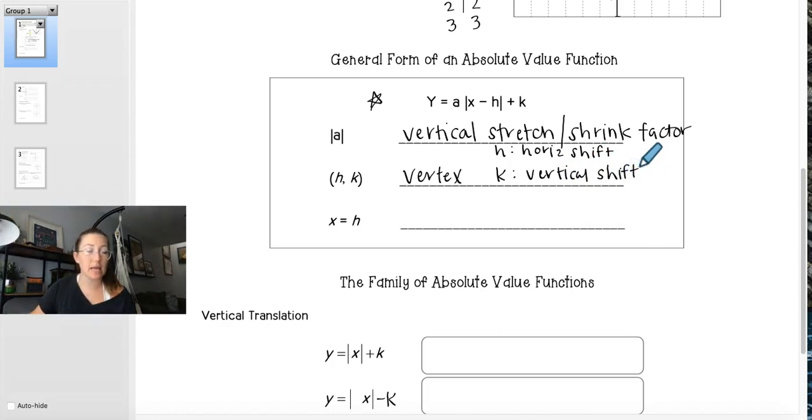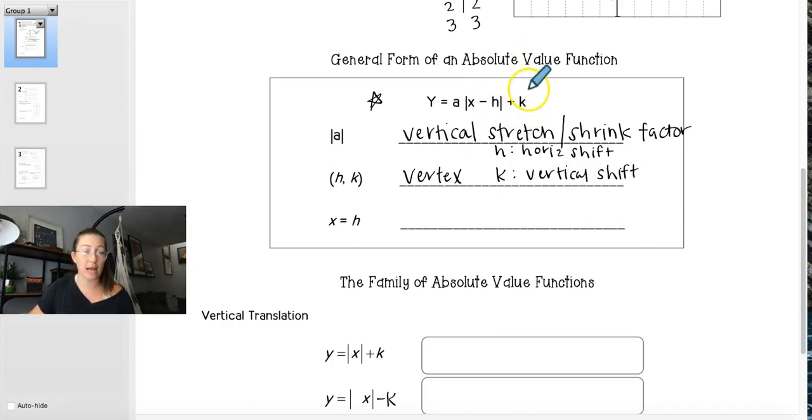Like I always say, on the inside, horizontal, inside opposite of what you think. So if this was minus 2, in my head I'm going minus 2 must be left 2, but it's opposite of what you think. So minus 2 is really right 2. If this said plus 3, that's really left 3, opposite of what I want to think.